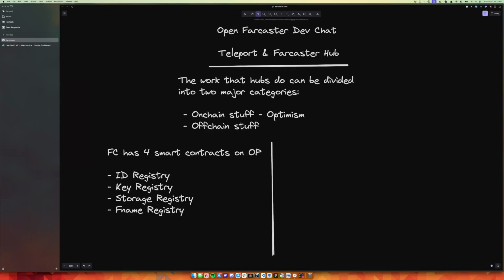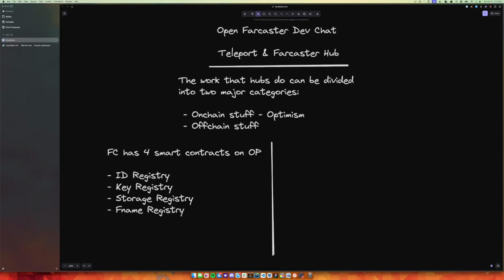For the storage registry, number 3, this is again a mapping from FIDs to how many storage units you have. We'll get more into storage units in a second, but for each storage unit that you purchase, you get 5,000 messages, quote unquote, that you can post on Farcaster. Now, a message isn't always a cast, because a reaction is also a message, like liking something or commenting on something.